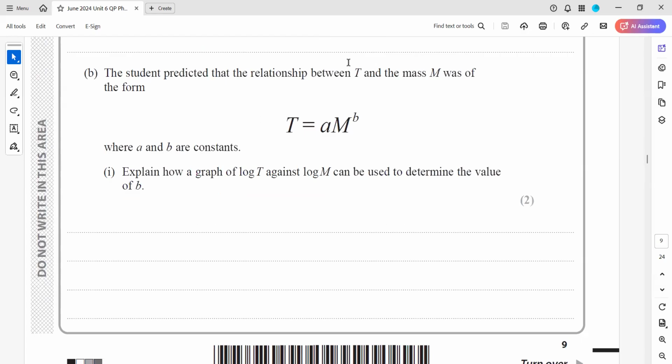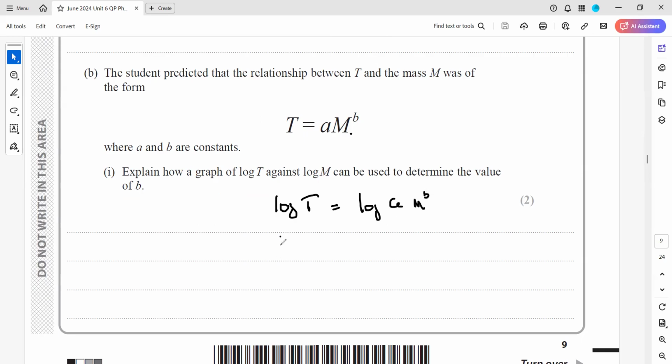Then a student predicted that the relation between T and m was T = a m^b, where a and b are constants. Explain how the graph of T against m is used to determine the values. Look, whenever you see a power and there is no e present, you take log on both sides. So log T = log(a m^b).